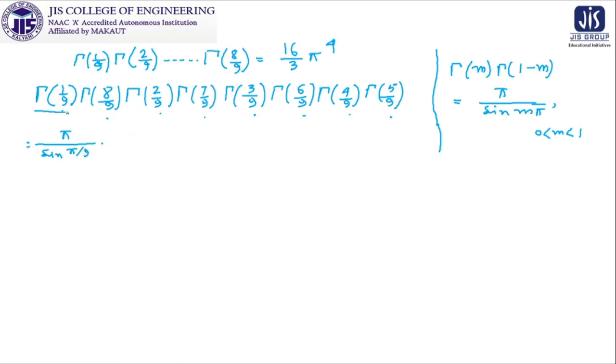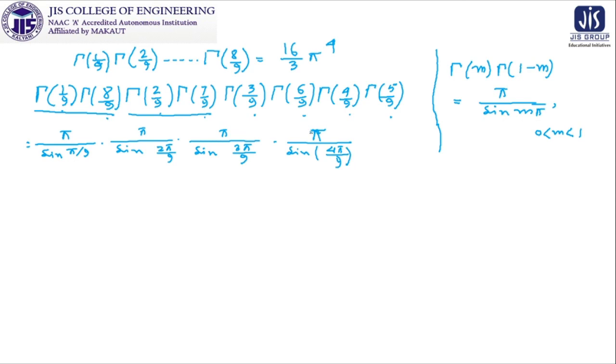Next two will give you pi by sine 2 pi by n. Next two will give you pi by sine 3 pi by 9, and the last two will give you pi by sine 4 pi by 9.